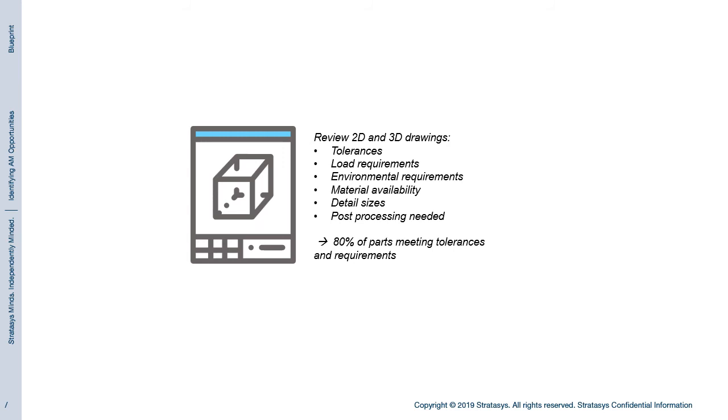That could be tolerances, loads, and environmental requirements. This is in order to evaluate if 3D printing can be a solution, and if it is, what is the best material and what is the best 3D printing process to achieve those requirements. This requires some back and forth with engineering and quality teams of the client.